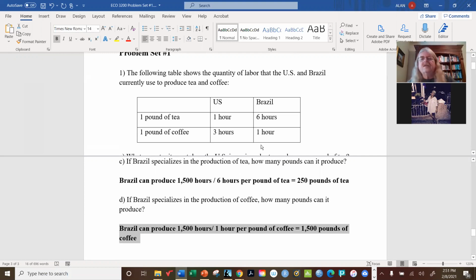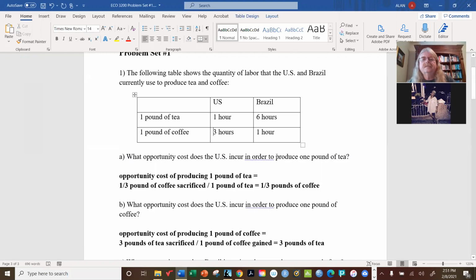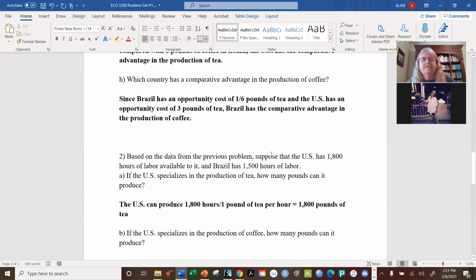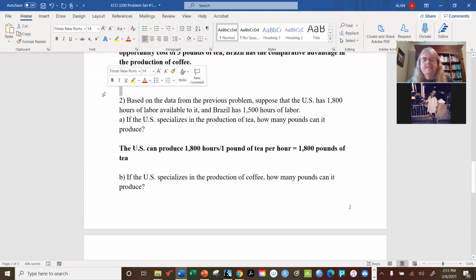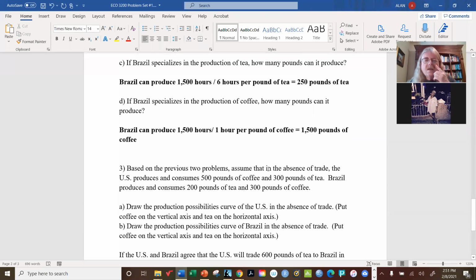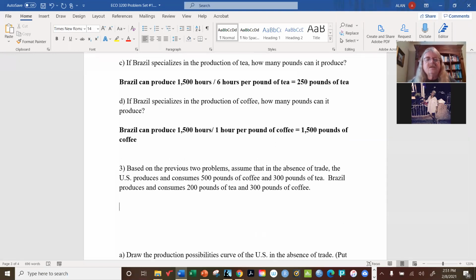All right, so what are we going to do now? We're going to make an assumption here. Let's say that in the absence of trade, the US, now, by the way, when there's no trade, you can only consume what you produce.